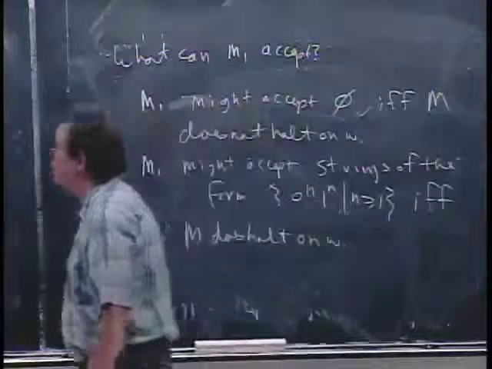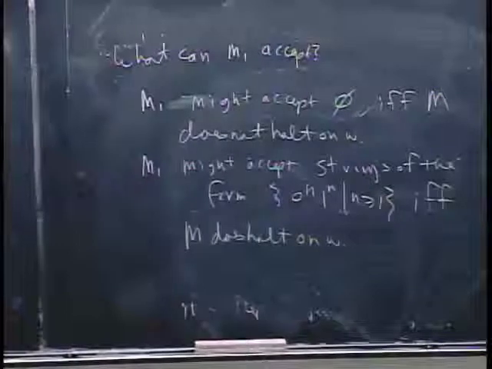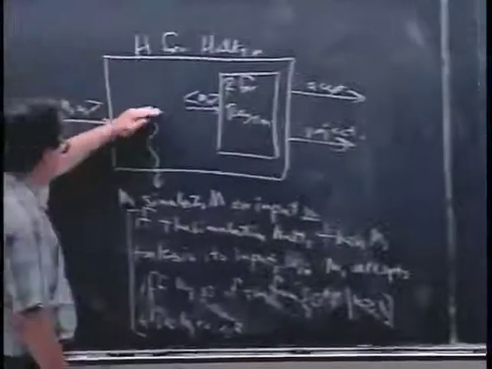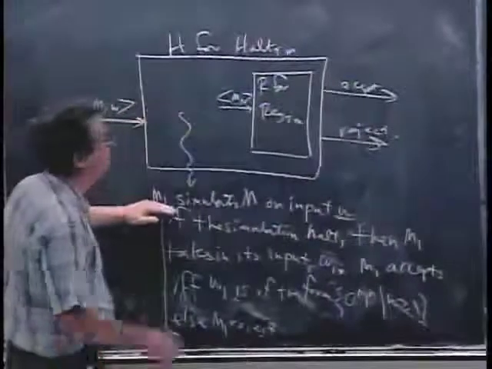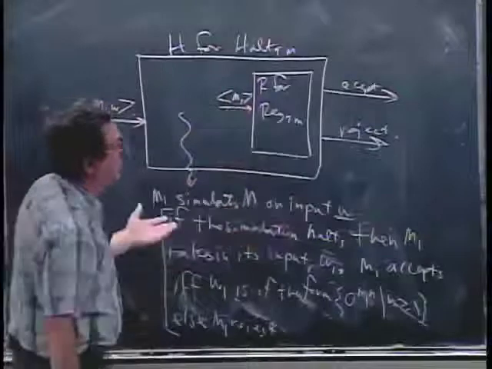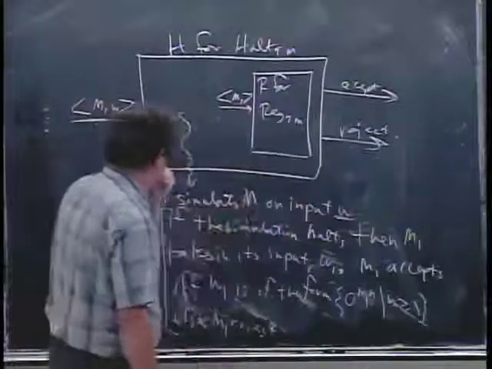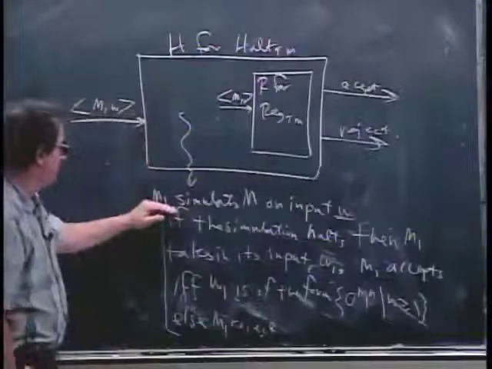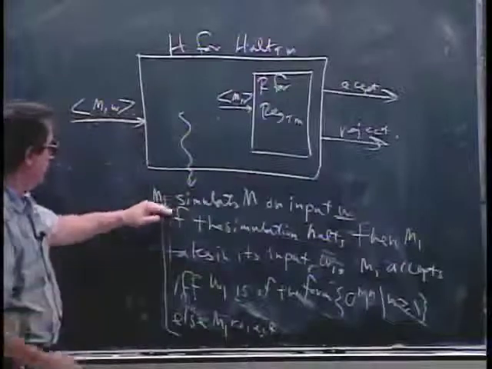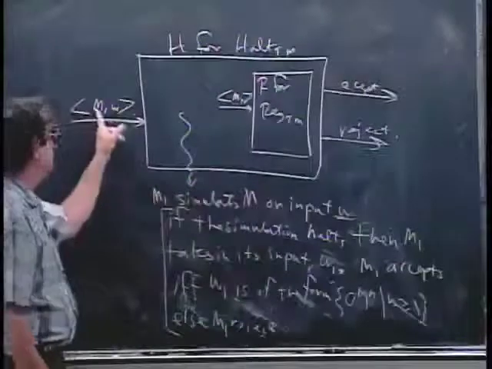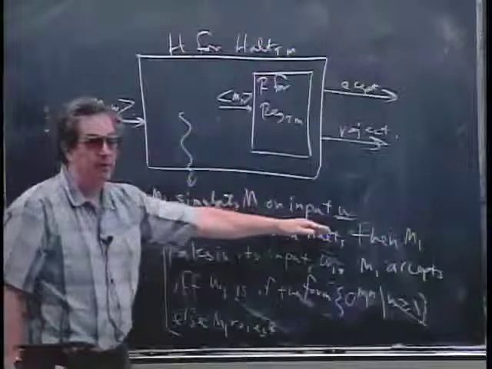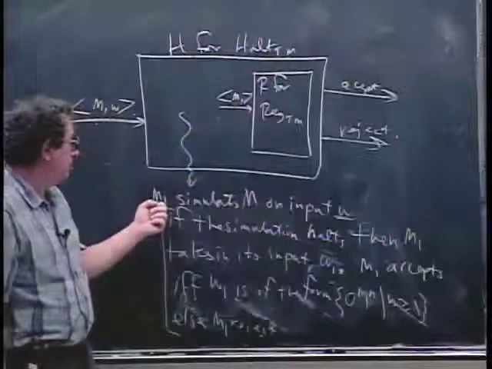Okay, so we're describing what we want H to do. H creates an M1 that does that. Certainly we can describe M1. M1 simulates M on input W. We know how a simulator works.